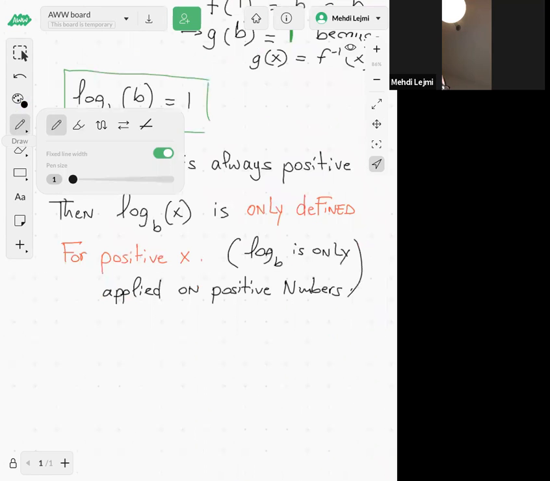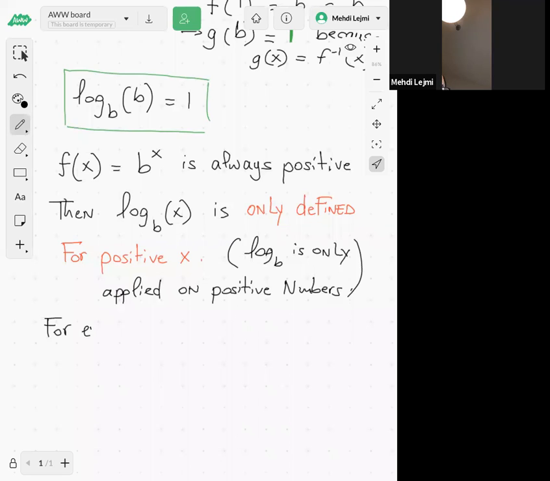In other words, for example, log in base b of negative 4 does not exist. Or log in base b of 0 does not exist.